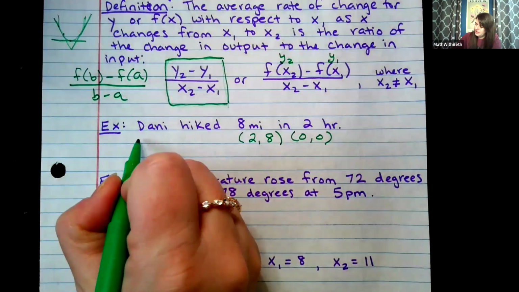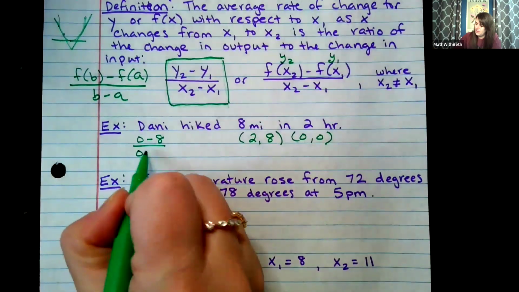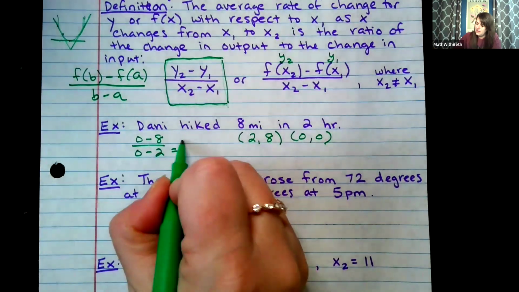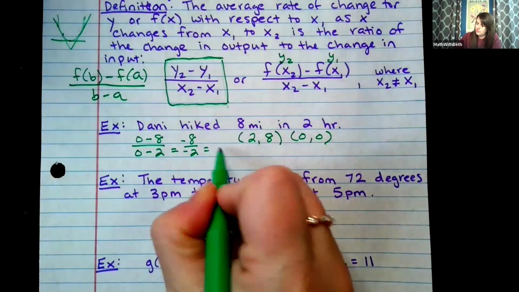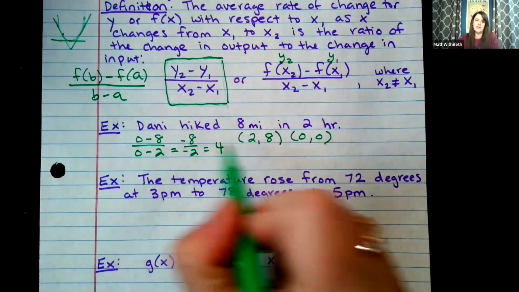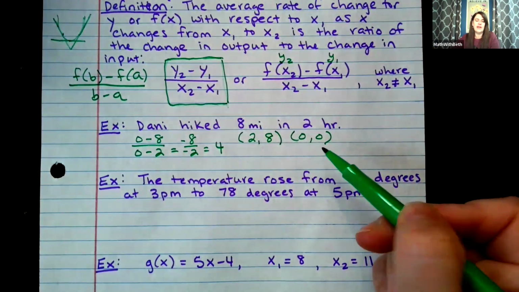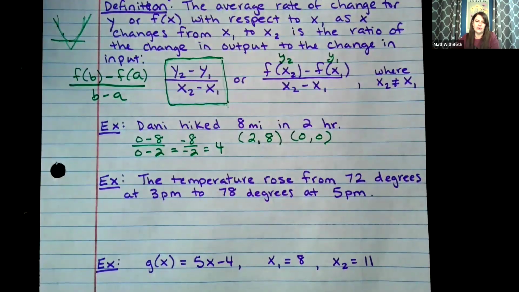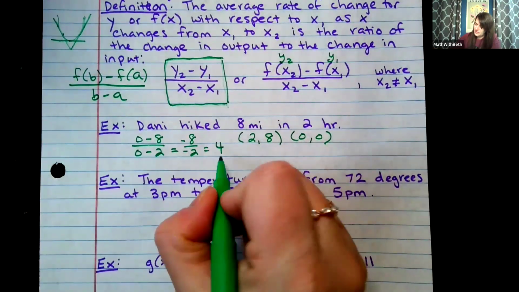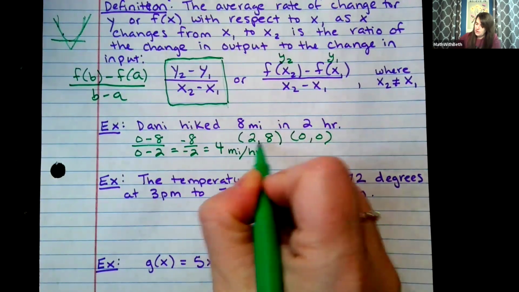So it ends up being 0 minus 8 over 0 minus 2, negative 8 over negative 2, which equals 4. So you didn't really need to do all this, but if you want to do it with this formula, I'm just pointing out that (0, 0) would be your other point. So the answer, no matter how you think of it, ends up being 4 miles per hour.